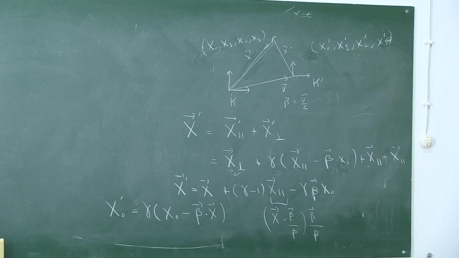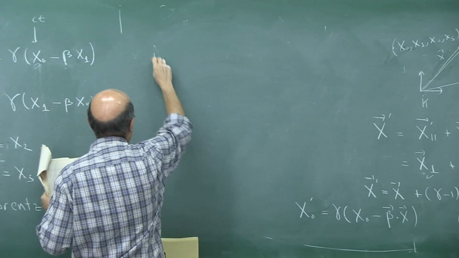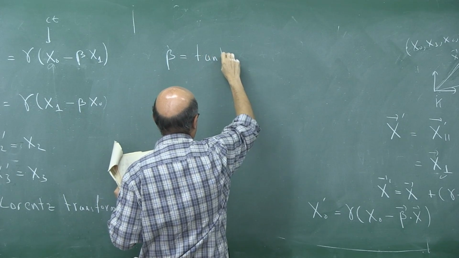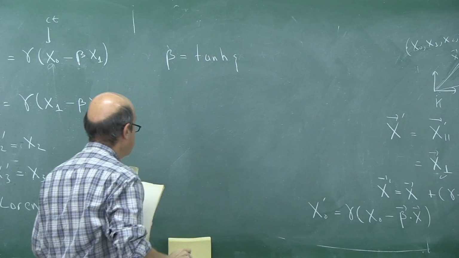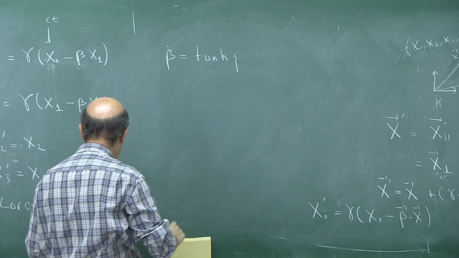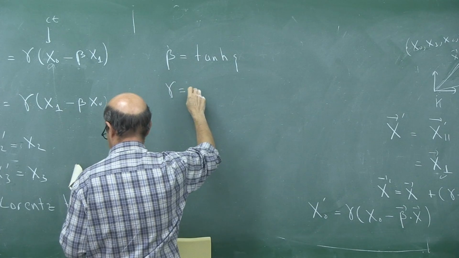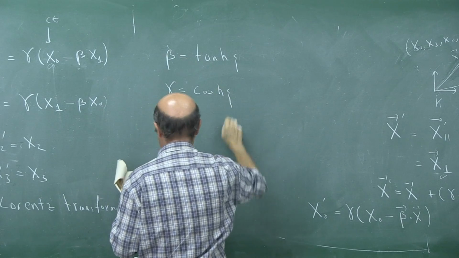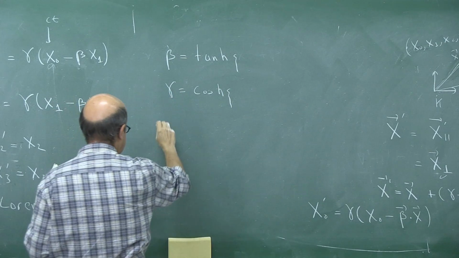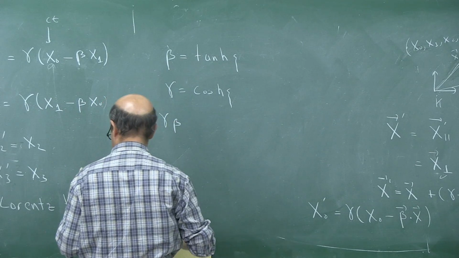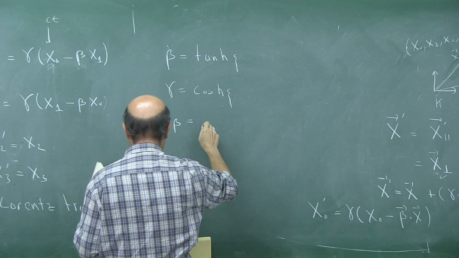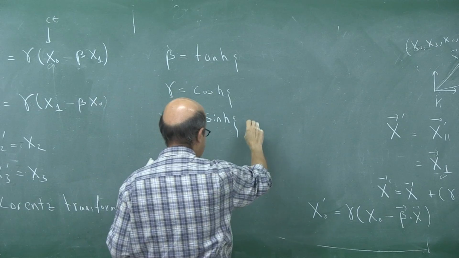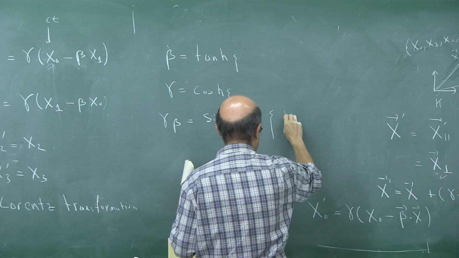So if you call beta the tangent hyperbolic of psi, psi is called a boost parameter or rapidity, and gamma is cosine hyperbolic psi, and gamma times beta is nothing but sine hyperbolic psi.